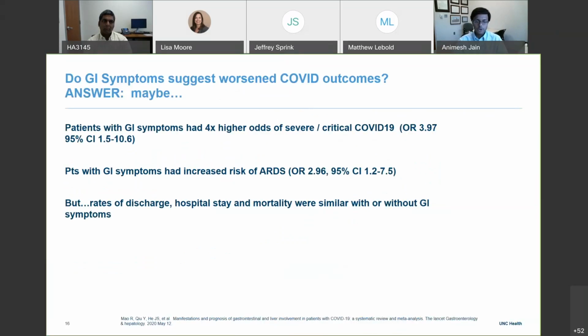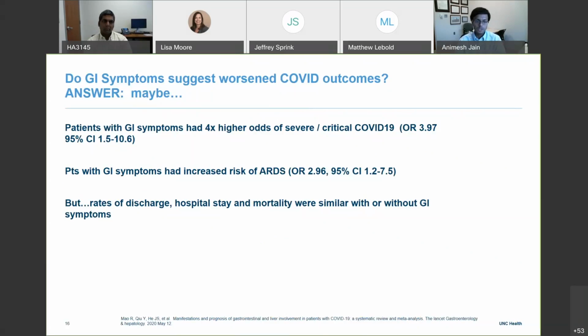So rather than go through every study, I'm going to summarize the data through the Lancet Gastroenterology review. They did a meta-analysis of the current data that's out there. There was also a similar study from Stanford's experience published in one of the GI journals, the Red Journal, that showed a multivariable regression analysis and came to the same conclusion.